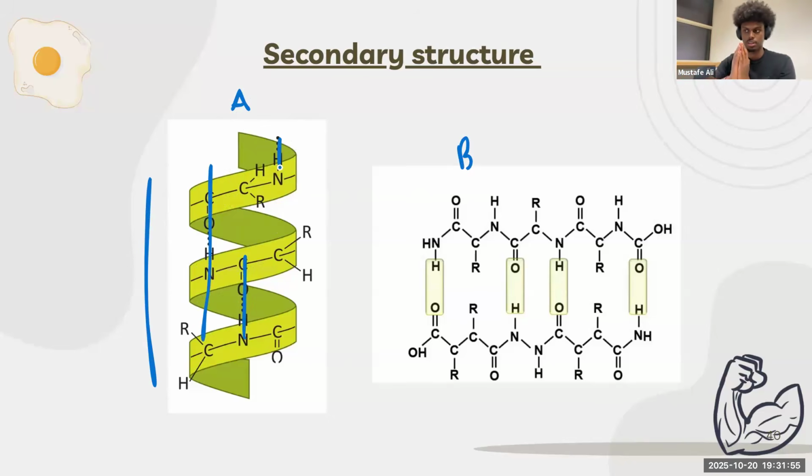So it is parallel, and this is why it looks like a curl. Whilst for beta-pleated sheets, the hydrogen bonds that form are perpendicular to the polypeptide backbone. So it's kind of like this.